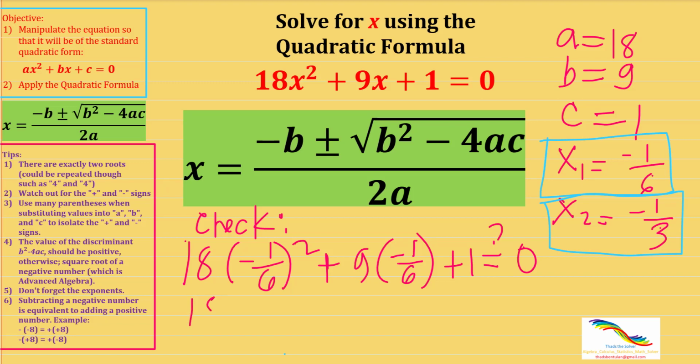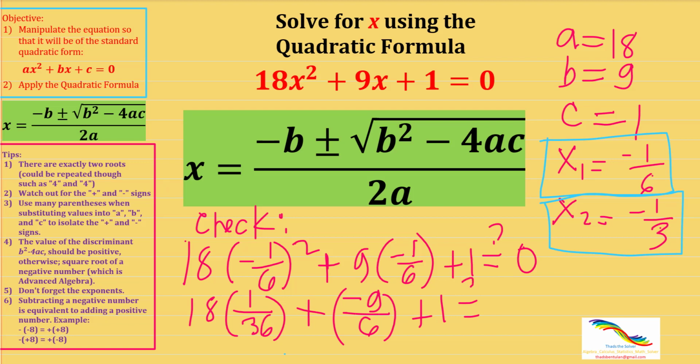So this is 18 times negative 1 squared, which is a positive 1. That's an even exponent. And don't forget the denominator. You have to square it. So 6 squared is 36. Now this positive plus, this is now negative 9 over 6, plus 1.